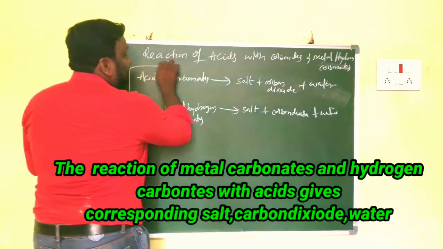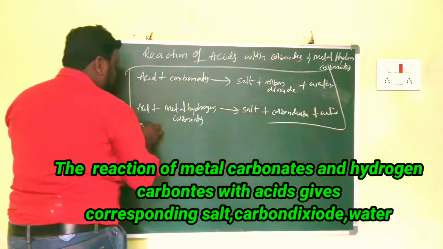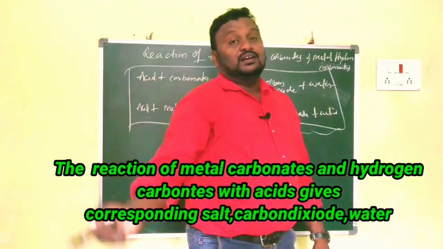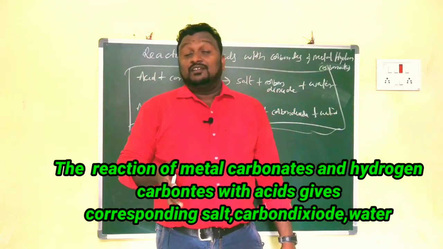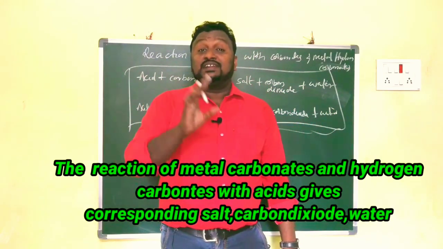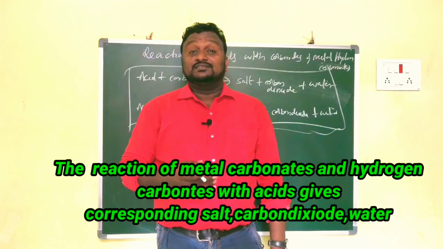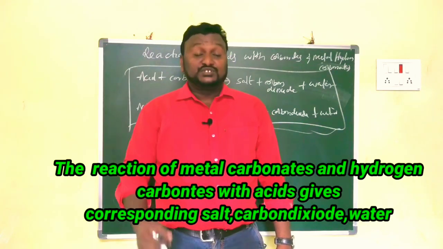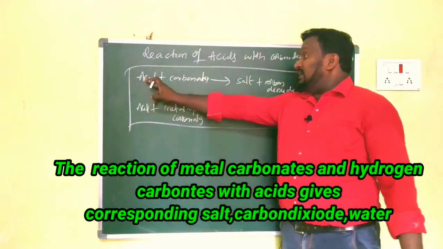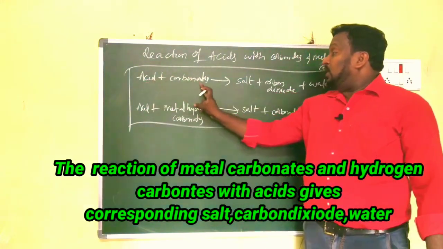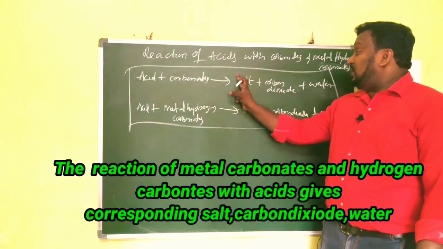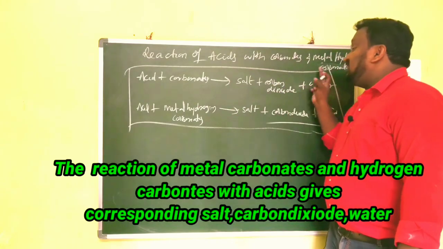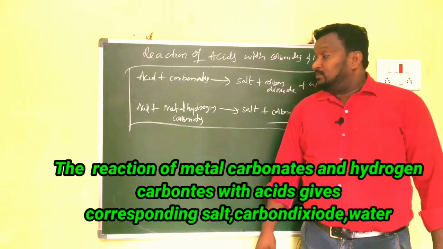We have to remember this, children, it is very important. When an acid reacts with a metal, what do we get? Salt plus hydrogen. In this case, when acid reacts with the carbonates, salt forms, carbon dioxide forms, and water is also formed.